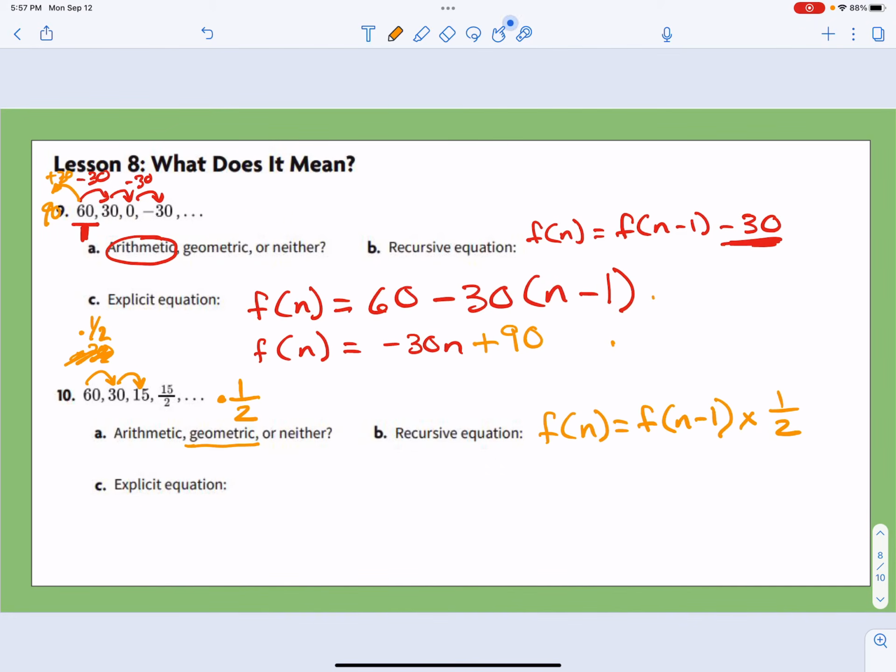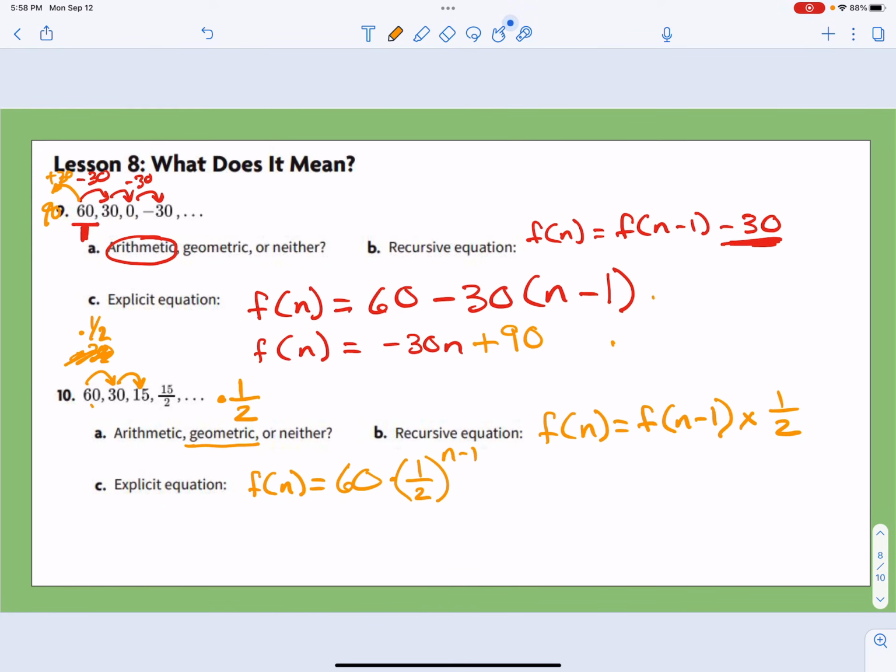Now, for our explicit equation, we've got to think about this one. Our previous way of looking at it was this. We would say that f of n was equal to our starting point, the value that was there, 60, and we're going to multiply it by 1/2, which is our rate of change, to the n minus 1 power.